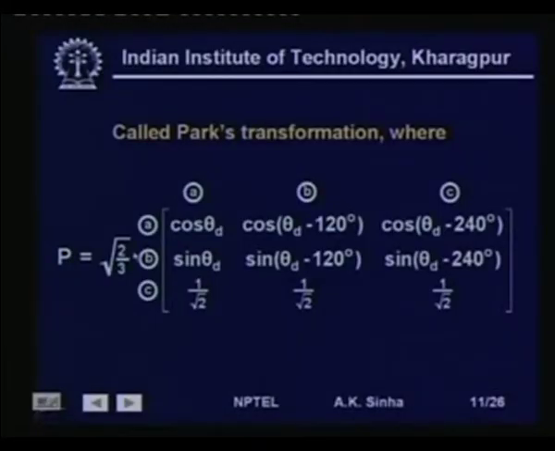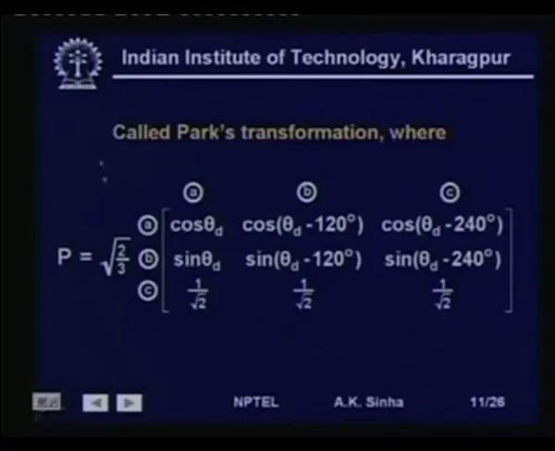Another advantage is that since it is orthogonal, it is power invariant. That is, if we find the power in the ABC phase frame of reference and the power in the Park's transform domain of dq0 frame of reference, both will be the same. This is an advantage of using this modified transformation, which is not true in case we use the original Park's transformation.